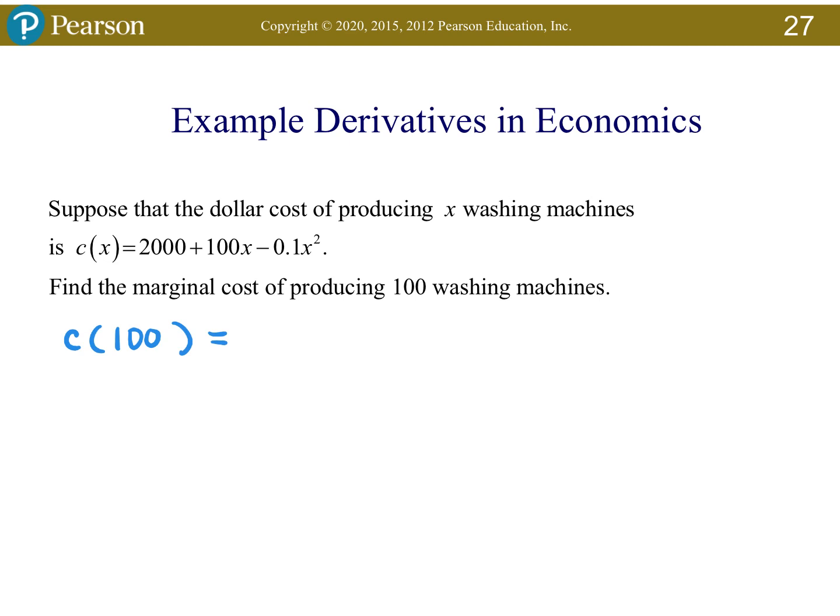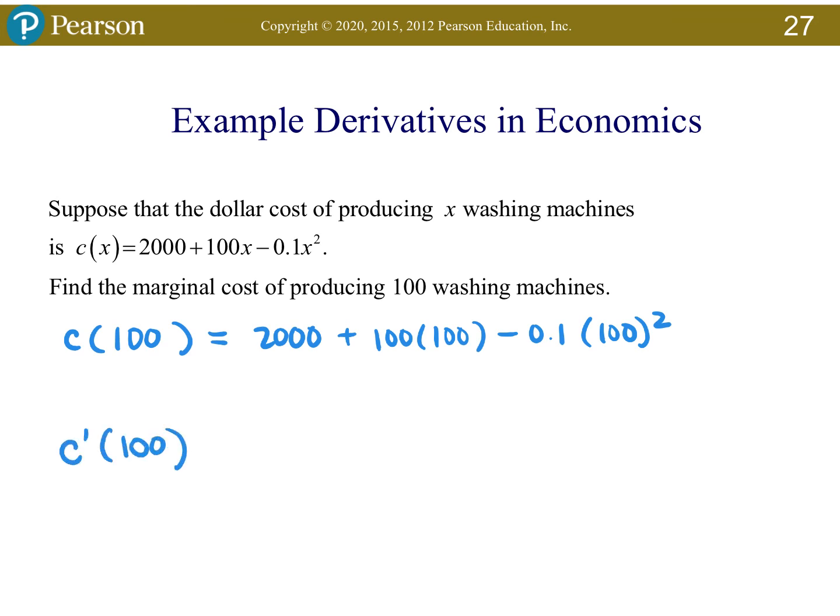Can you guys type that into your calculator a minute and tell me what that comes out to be? So it's going to be 2,000 plus 100 times 100 minus 0.1 times 100 squared. As opposed to C prime of 100, that's called marginal. In order to do C prime of 100, you need C of 100.